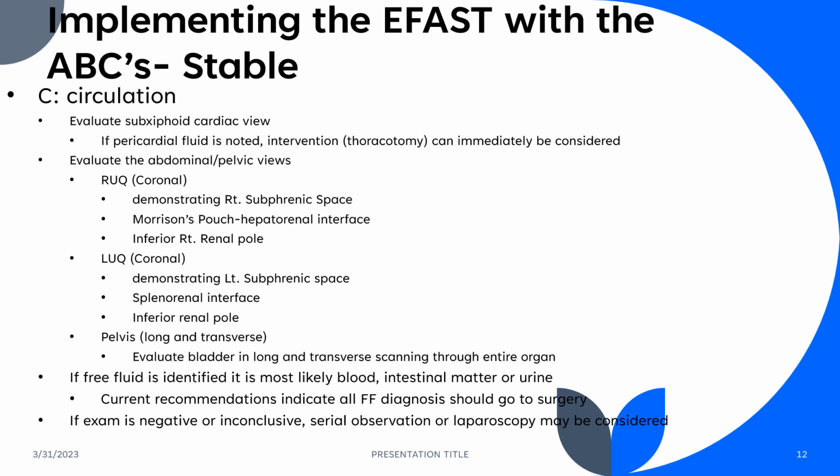And by evaluating that bladder, it's going to give you a real clue whether to have concern that this is urine or blood. The current recommendations indicate that all free fluid diagnoses should go to surgery. If the exam is negative or inconclusive, again, you can go to serial observation, or depending on your level of concern, send the patient to laparoscopy to determine if it's a true negative or not.